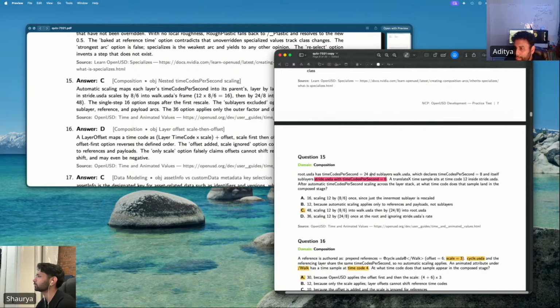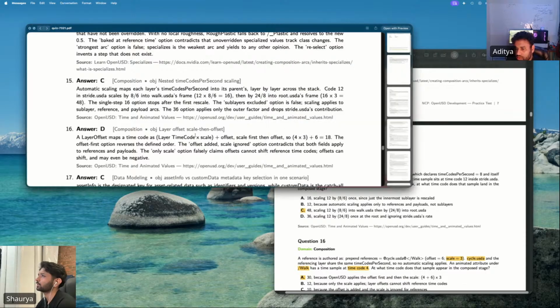And 2 seconds at 24 timecodes per second is 48. So that is why it is 48, and it's correct.